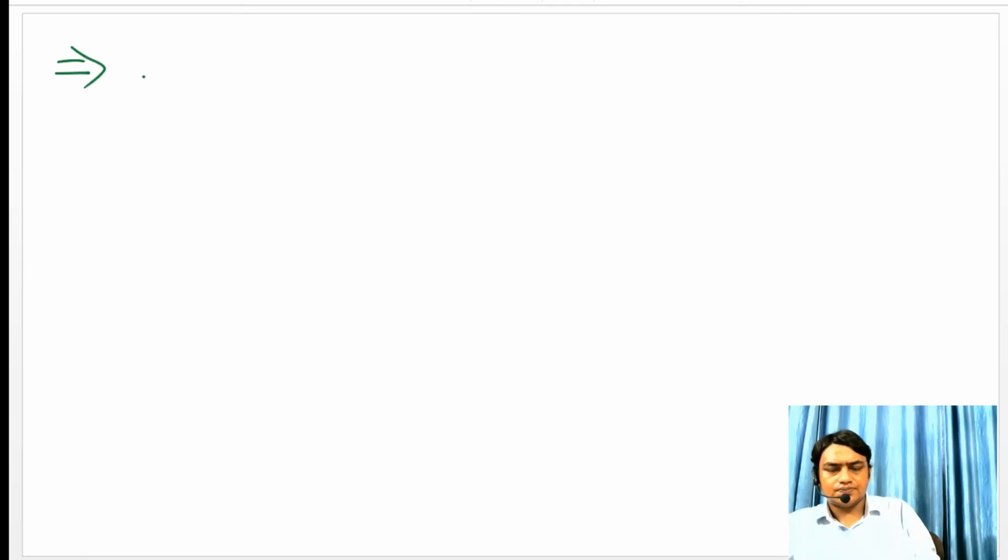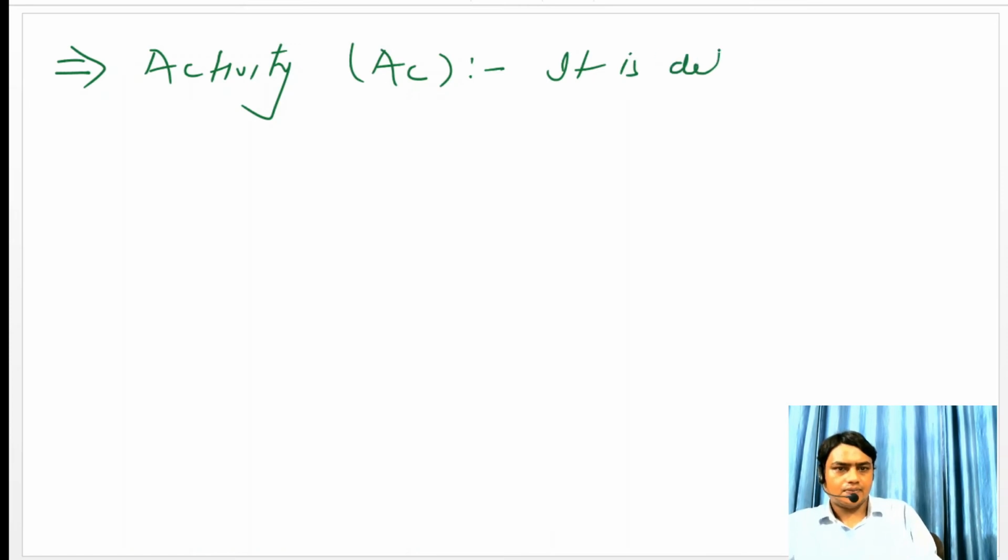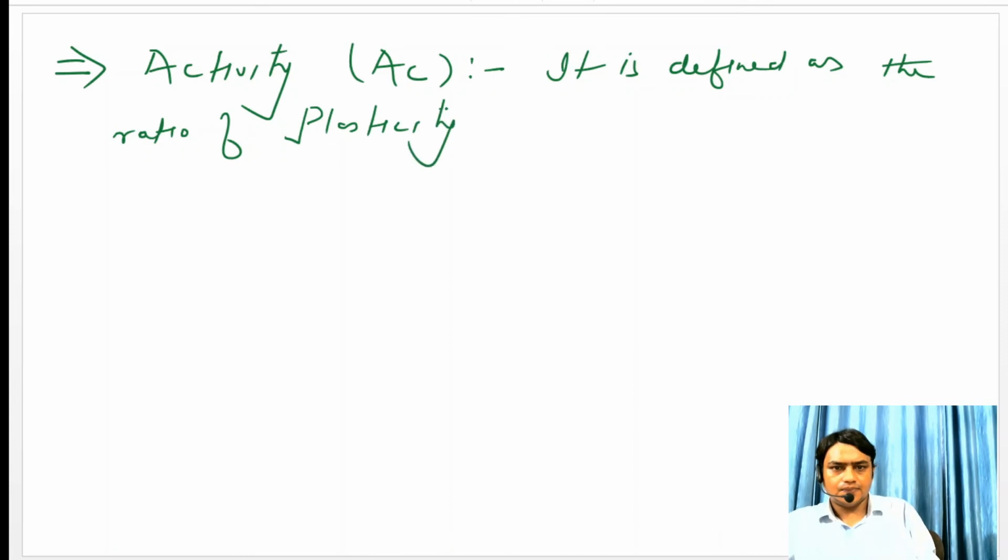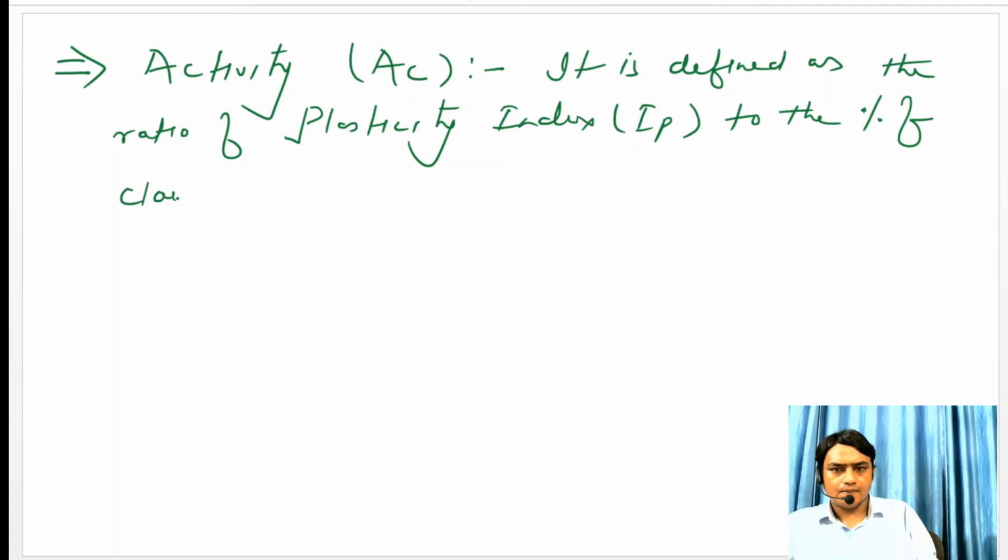The last term is activity. So it is noted by AC. It is defined as the ratio of plasticity index to the percentage of clay particle or soil particle whose size is less than 2 micron.